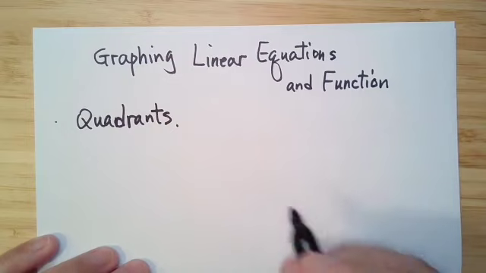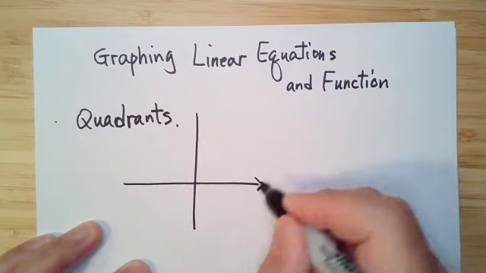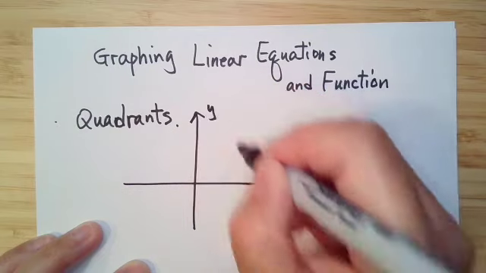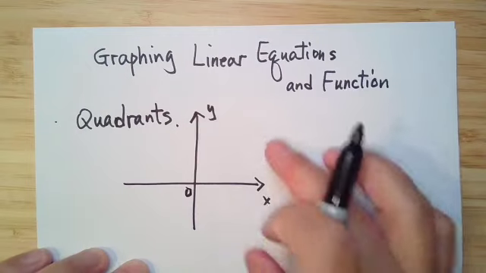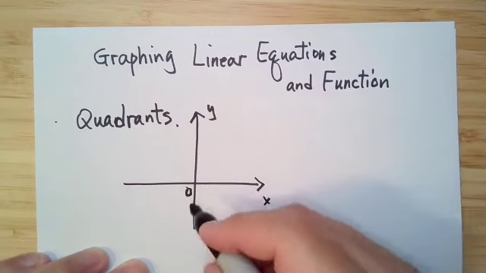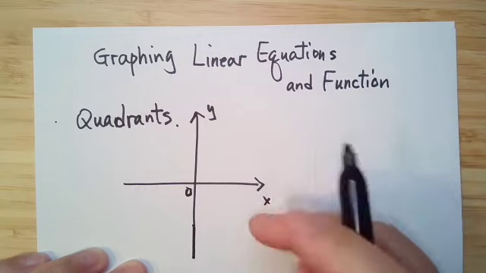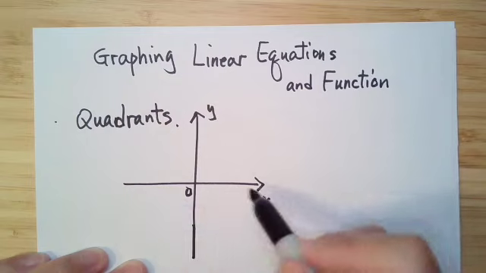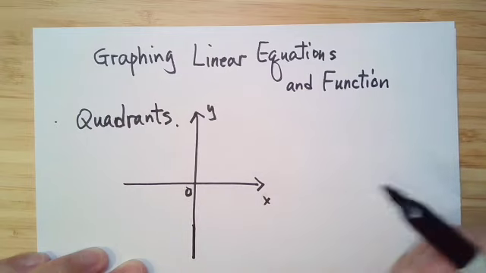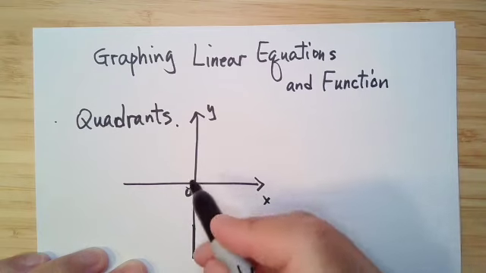We need to learn this. This is x, y, and here's a 0. This is called a coordinate plane, and in the future you're going to learn more complicated ones, but so far we learned just this. It's two-dimensional, x and y, two axes, one horizontal, one vertical.